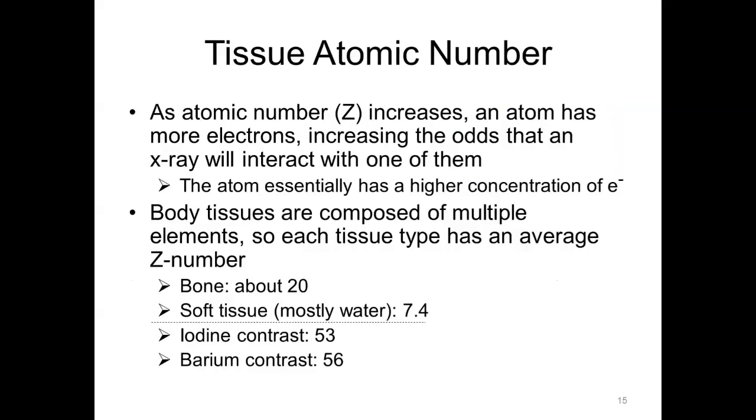Okay, last factor in tissue attenuation is atomic number. We talked about this in chapter 11. Your Z number refers to the number of protons in an element, an atom, and also the number of electrons for that element.